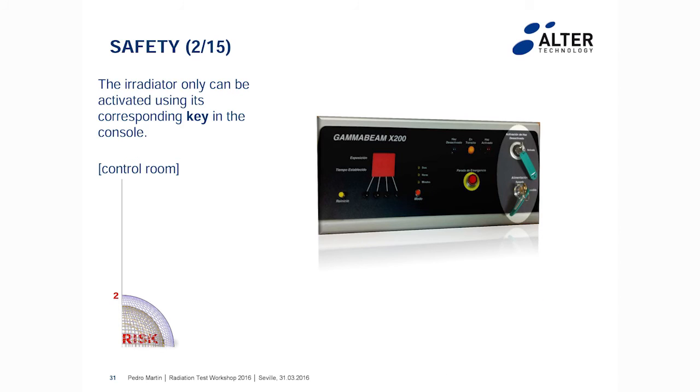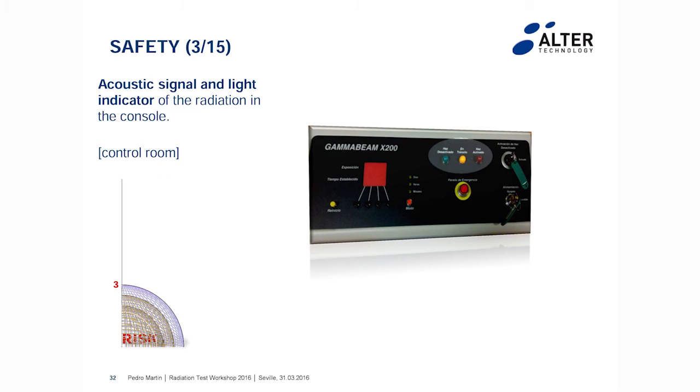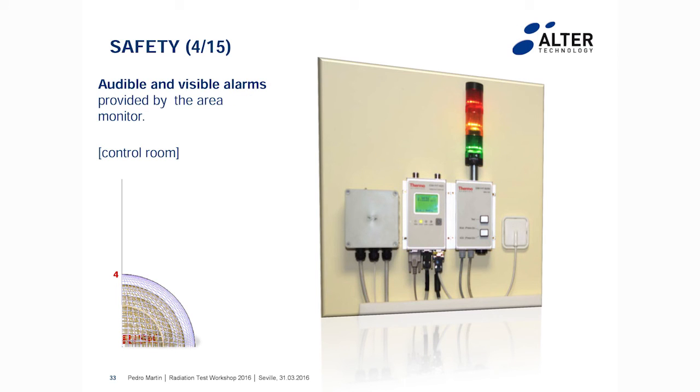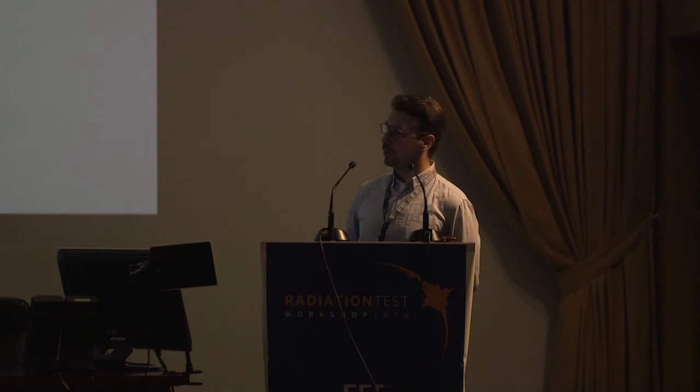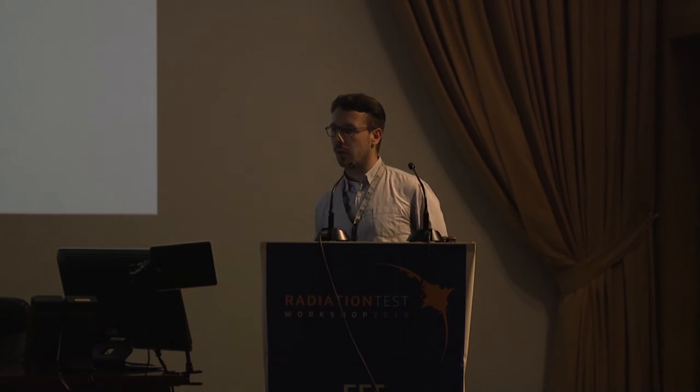Second, you will need the keys to control the console that controls the irradiator. If the irradiation is on, the console of the irradiator will show the indicators with acoustic signal and light to advise you that the radiation is on. If you don't see that, you will see the area monitor with the different lights to advise you about the source position.